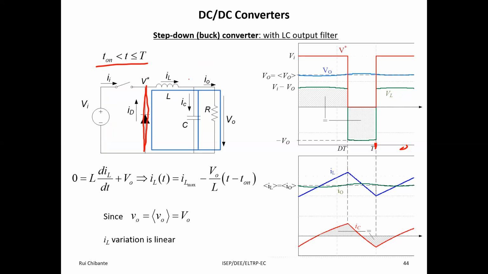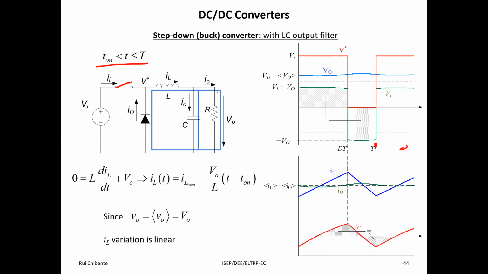Recall that we have here an inductor. Also, we have a capacitor, so two elements that can absorb and release energy. At the instant when this transistor stops conducting, current that comes from the load and also the capacitor forces the diode to begin conduction. And so current flows in these two loops that are represented here in blue.